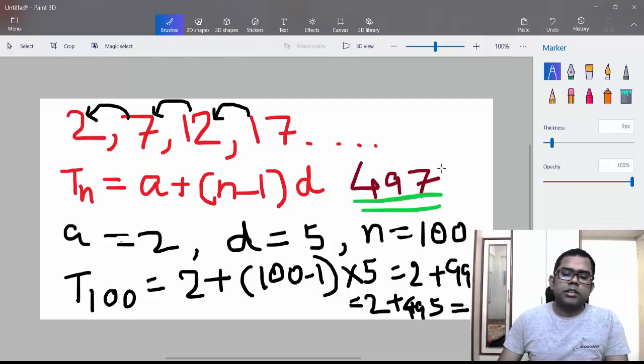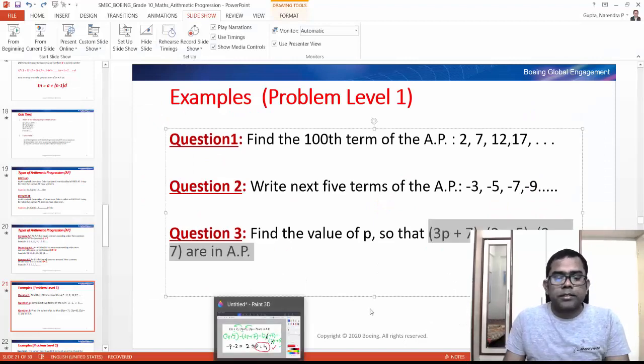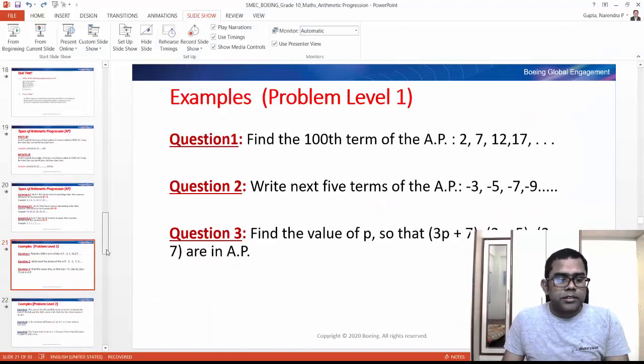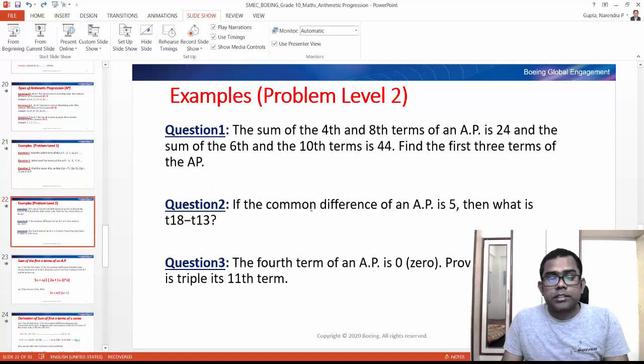So this is the 100th term of this particular arithmetic progression. Similarly, these are some other questions we can try to solve.